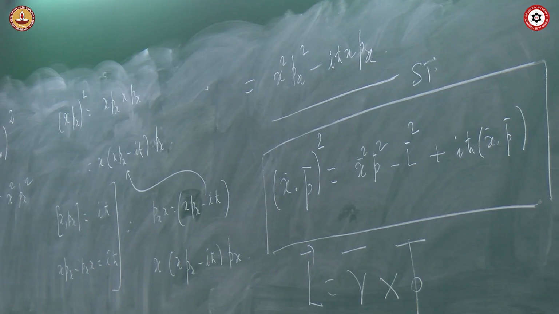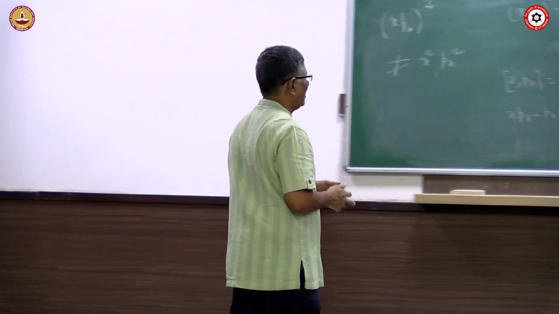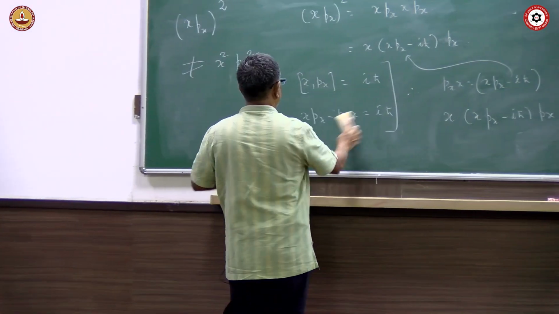You are all familiar. Angular momentum is defined as L equal to r cross p.